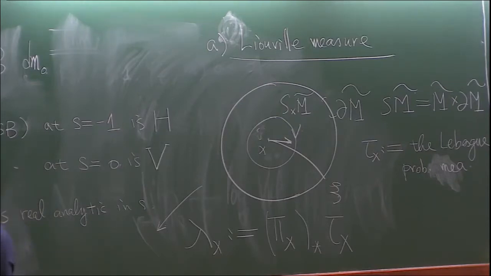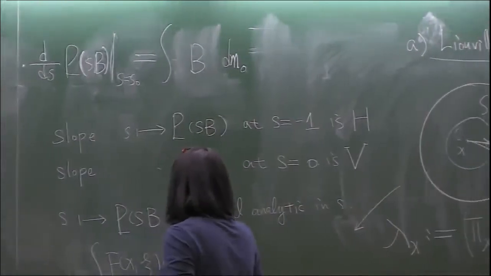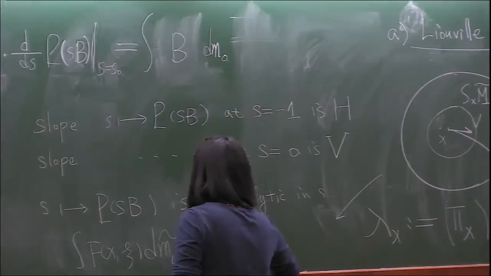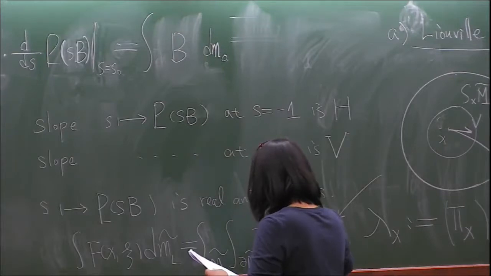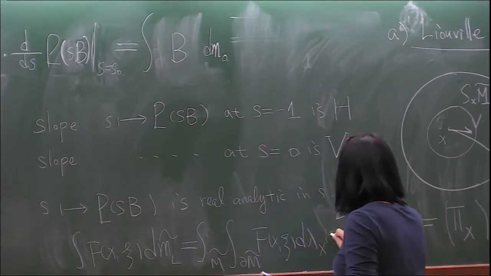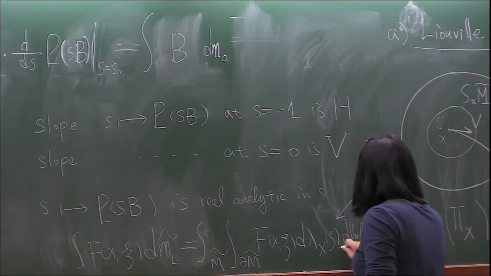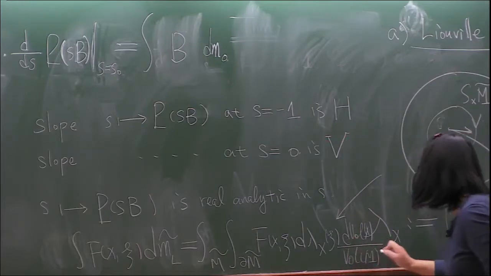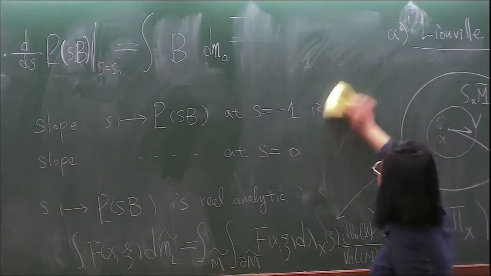This M tutor will satisfy dm equals dm wedge, the boundary wedge, and f x c d lambda x, the volume of x, and because downstairs we normalize it, we divide it by the volume of M. Okay?